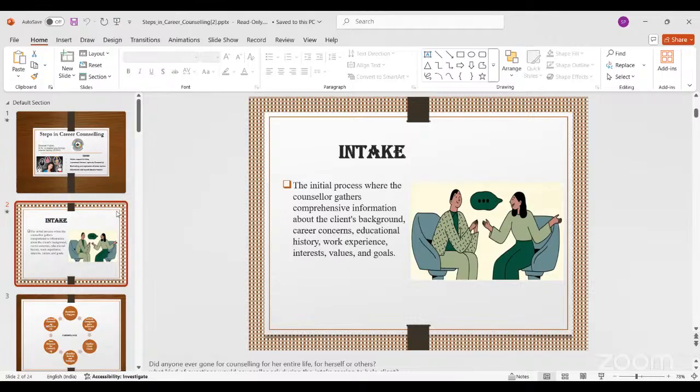During the counseling session, comprehensive information must be taken from the client regarding the client's background, career, career concerns, the goals he or she wants to achieve in life, the educational history, and any experience the person has regarding his career. You need to take that comprehensive information, which will eventually help you in the counseling session. So the intake form is comprehensive information gathered by the counselor.